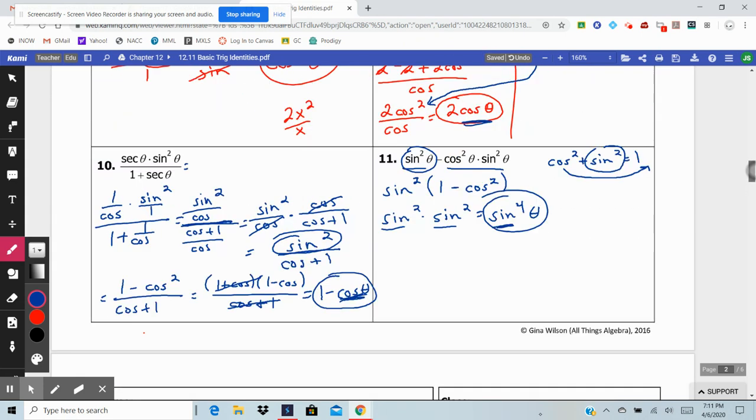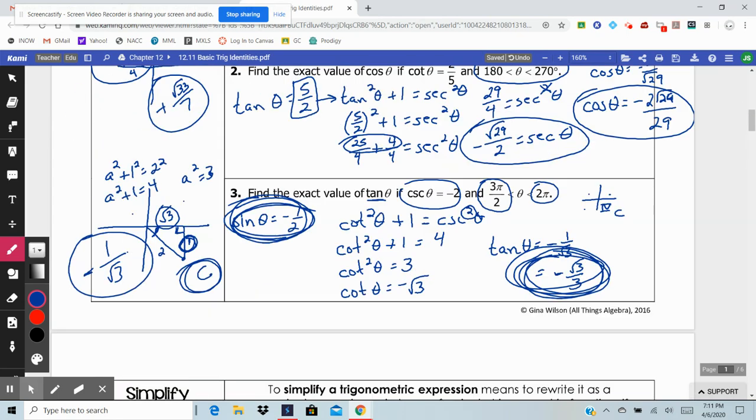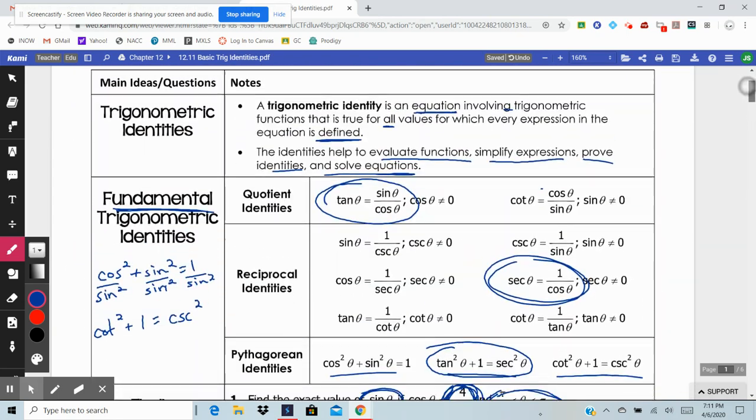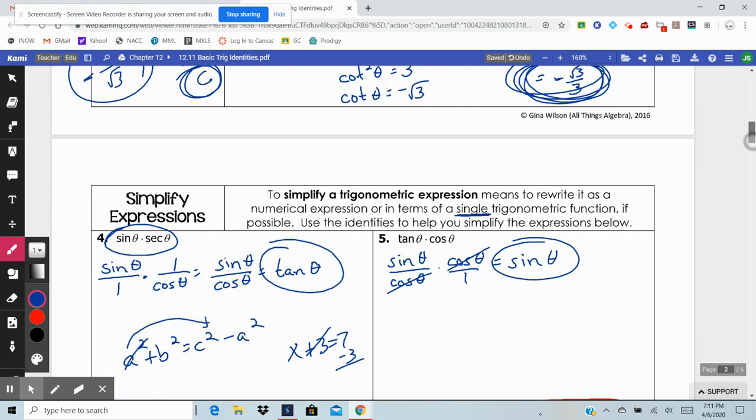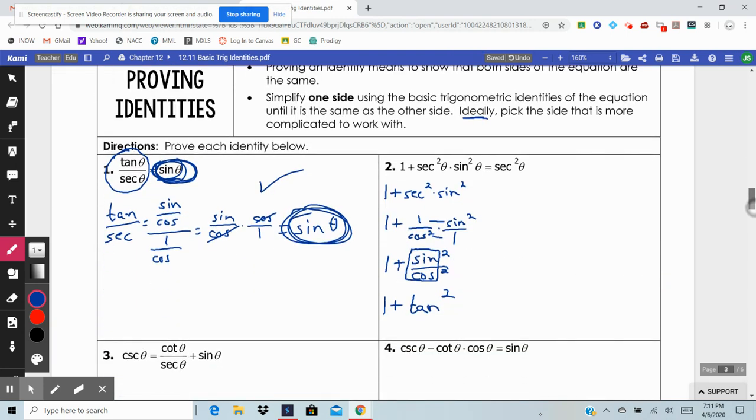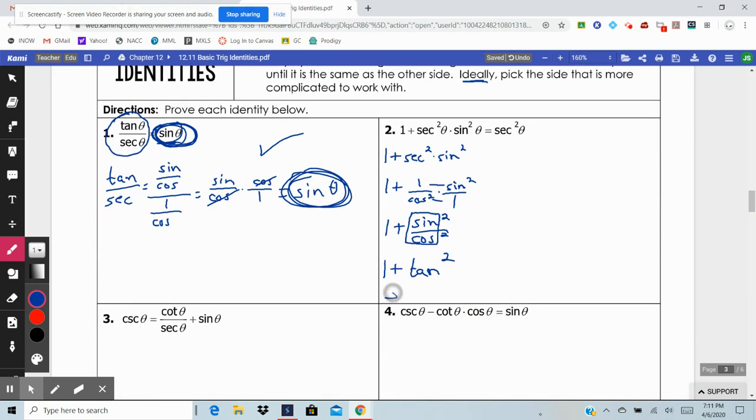I've actually got all my identities up here from the last lesson. Tan squared plus 1 is equal to secant squared. Can't we use that now? So tan squared plus 1 is equal to secant squared. So check, check, all that stuff does equal secant squared.